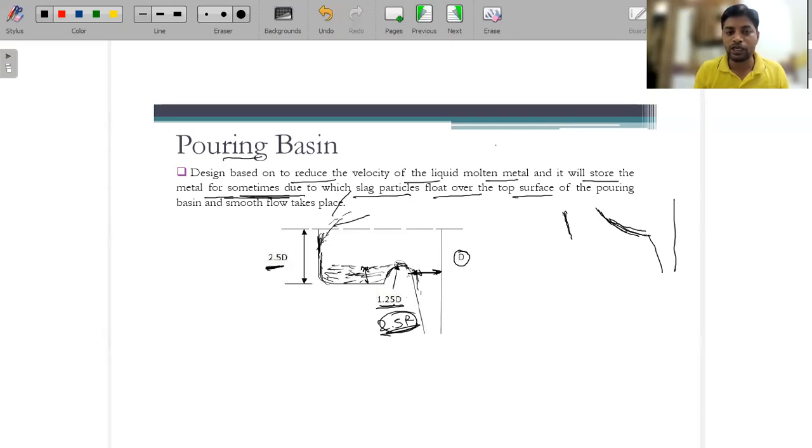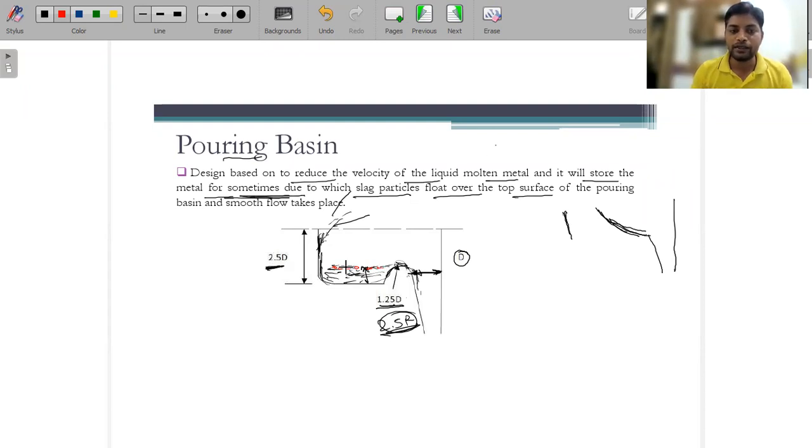Why are we keeping it like this? Because if there are any slag particles, slag will create a casting defect. Sometimes we use flux in which some kind of sand exists, and we do not want this sand to become a part of the casting, as that will create casting defects.